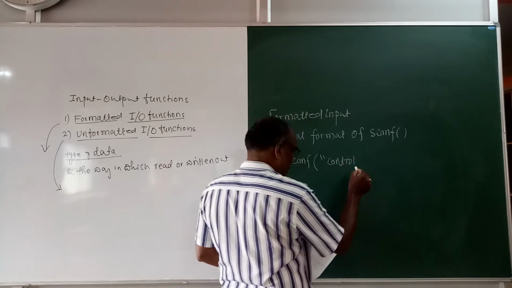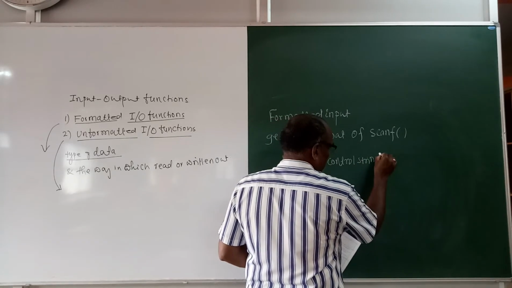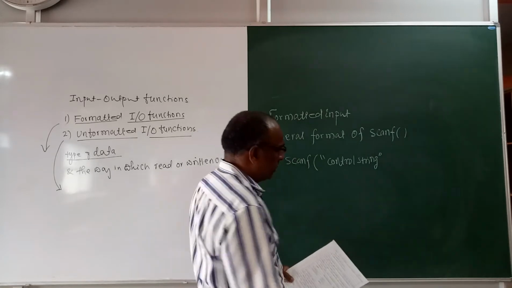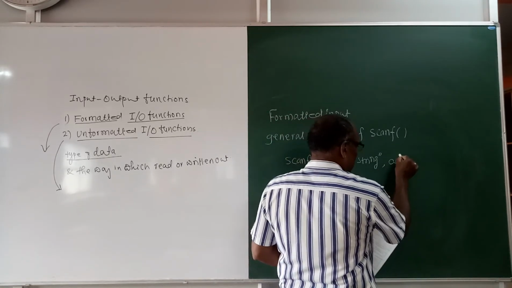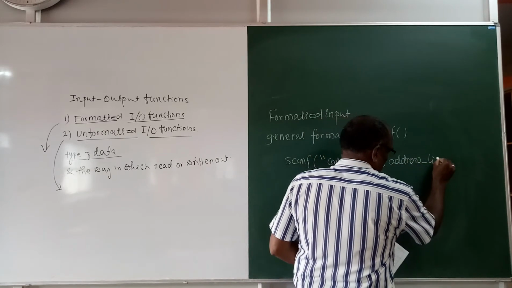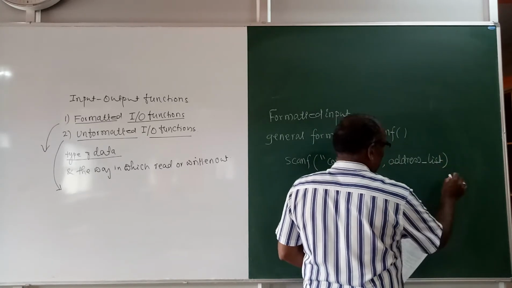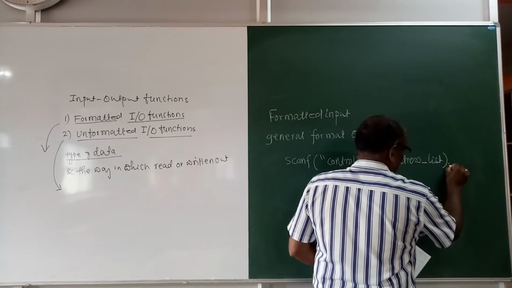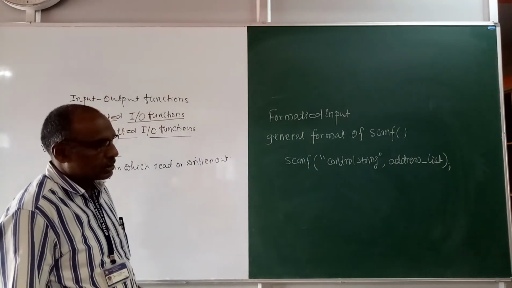Let us see what this control string is. Close the double quote, give a comma here, and then you write the address list, and close the parenthesis. Then we have the delimiter here, that is, a semicolon.